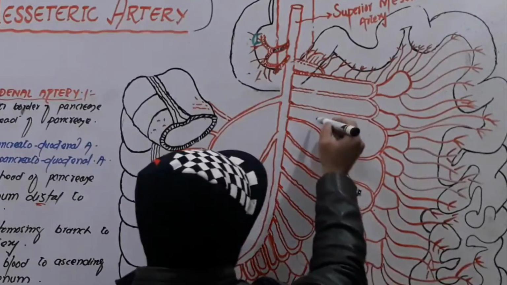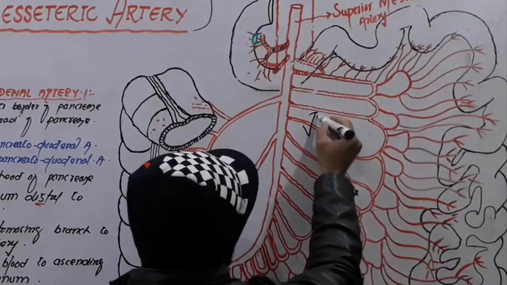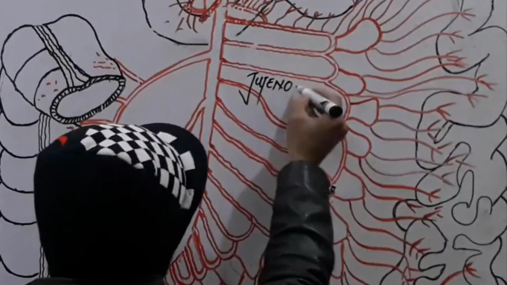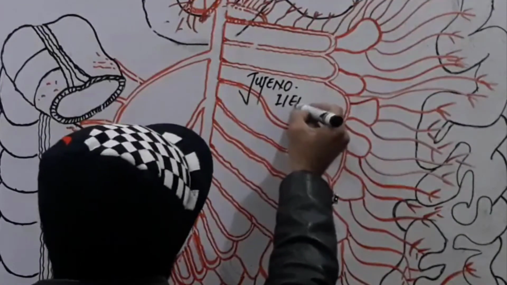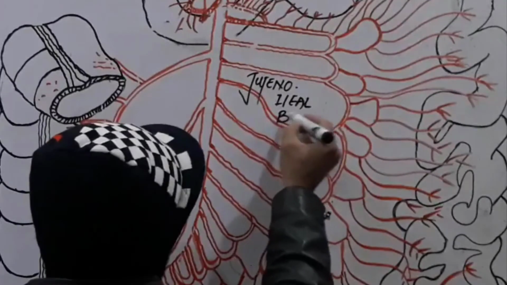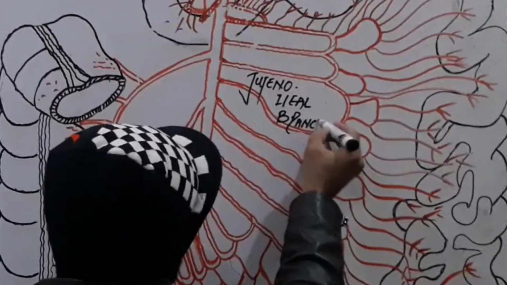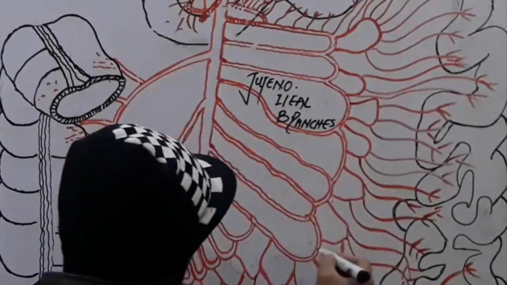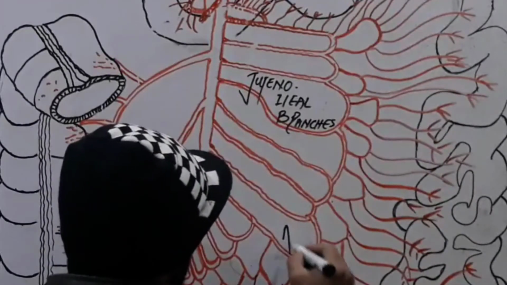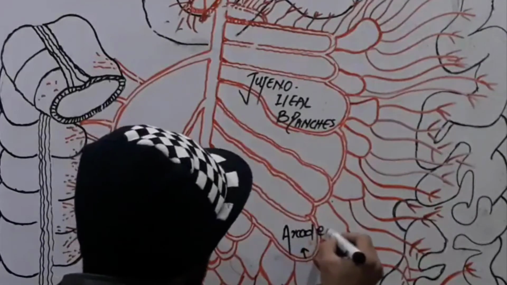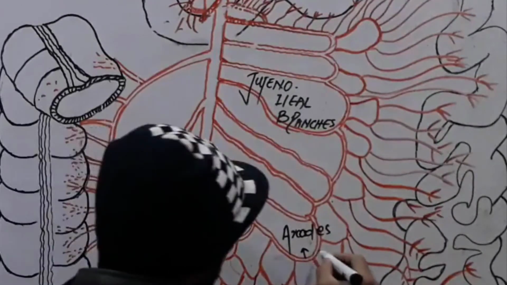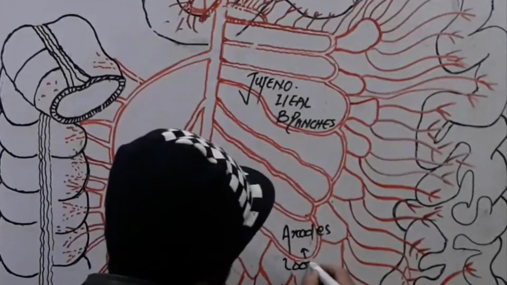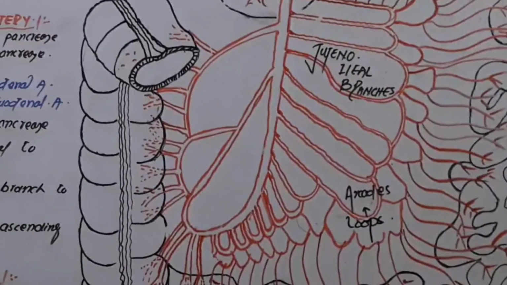Let me write here, these are the jejuno-ileal branches, and these are called the arcades, or we can also call them loops, or anastomosing branches.